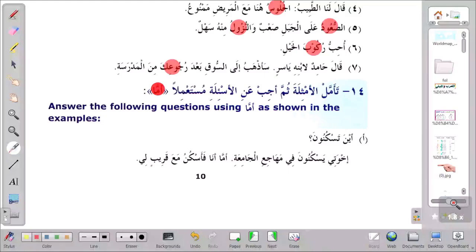For example, Allah says, فَأَمَّا مَنْ أُوتِيَ كِتَابَهُ, or فَأَمَّا مَنْ ثَقُلَتْ مَوَازِينُهُ. A lot of examples, you can count them. فَأَمَّا مَنْ ثَقُلَتْ مَوَازِينُهُ فَهُوَ فِي عِيشَةٍ رَاضِيَةٍ. That's for those who are righteous. Now Allah comes to talk about those who are not righteous.